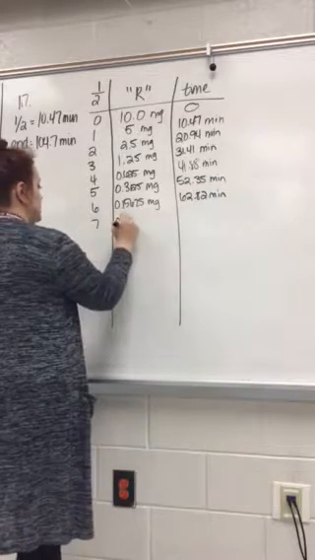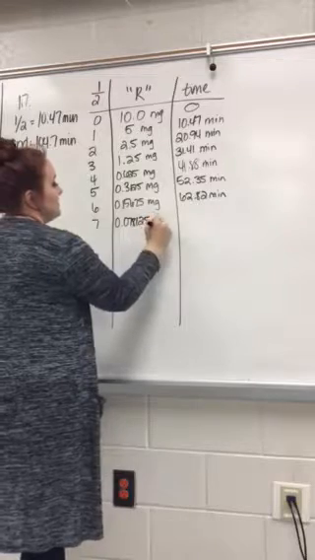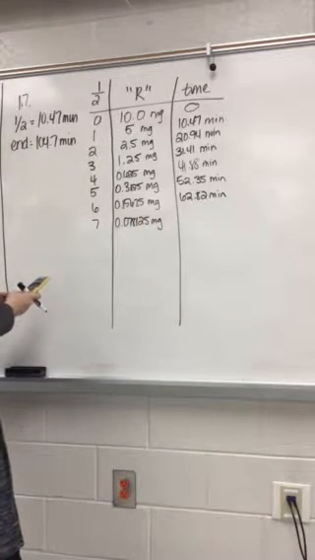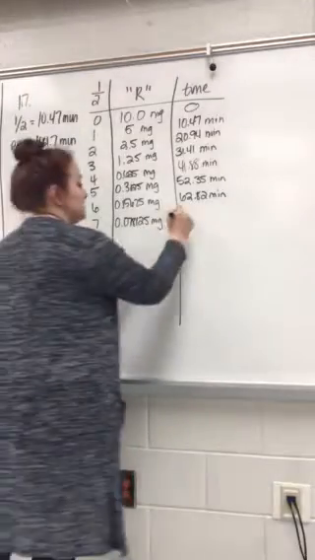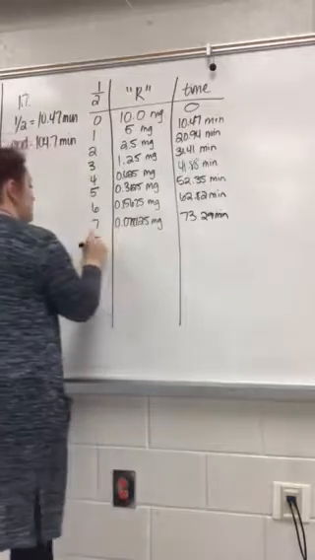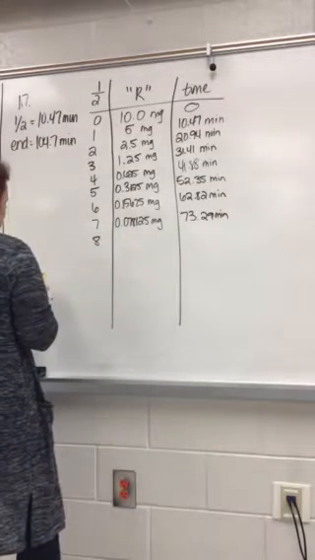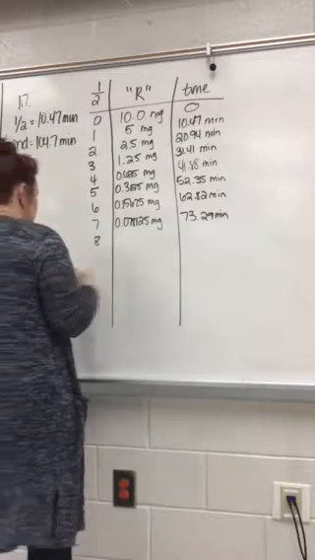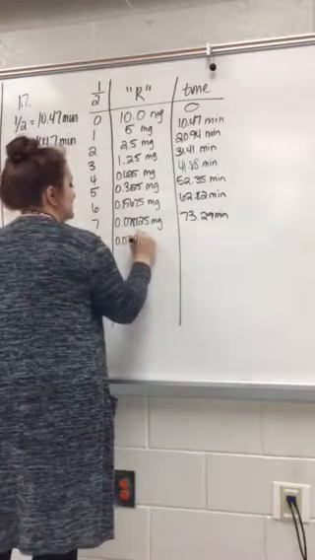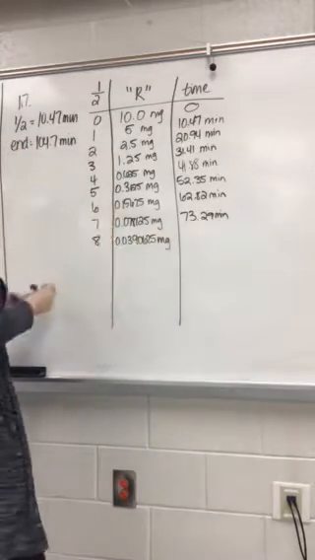This becomes 0.078125. And then we add on to that column 62.82 plus 10.47, and we end up with 73.29. Keep going. 0.078125 divided by 2 becomes 0.039065 mg. And then we keep tacking on time.